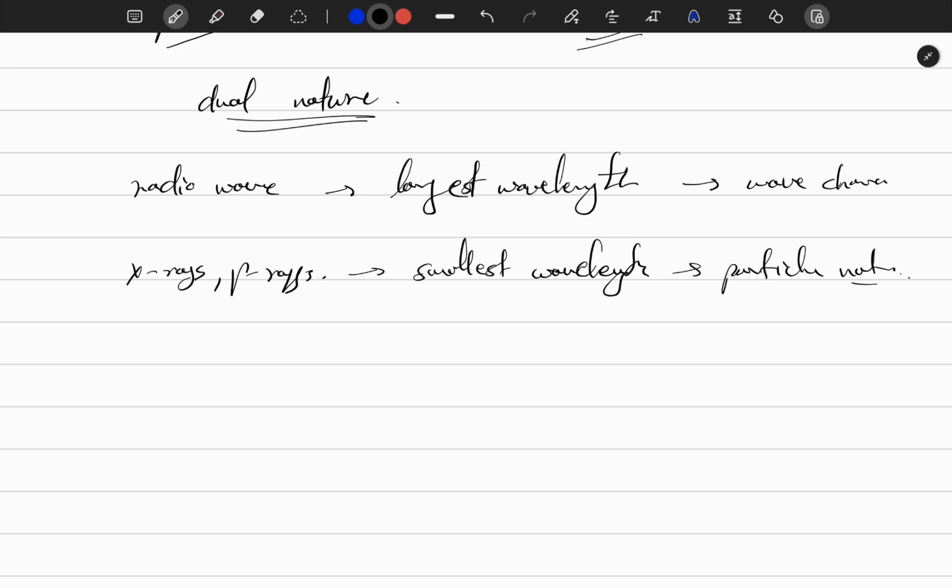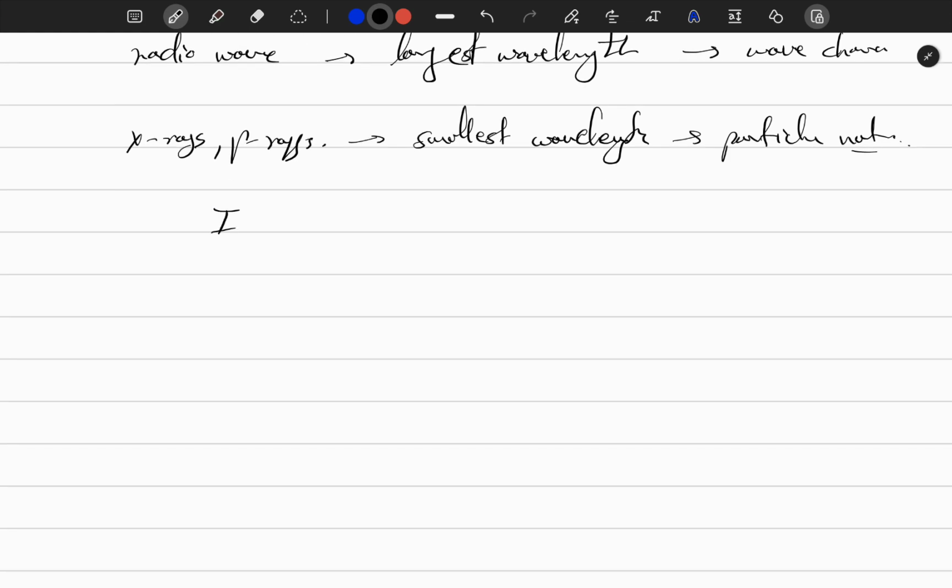Okay, in the photon description, the light intensity is given by n h nu. More number of photons will contribute to higher intensity. So this is a photon description. Okay, and in wave description, the intensity is given by the amplitude square. It implies that square of amplitude of light wave at a point in space is proportional to the number of photons arriving at that point.